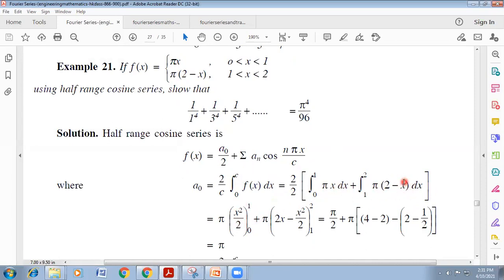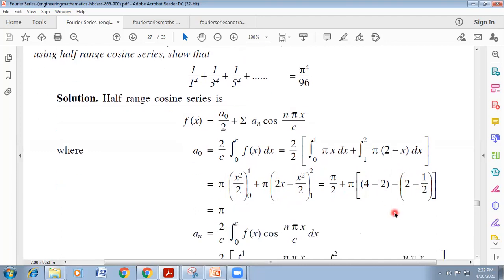Similarly, integrating here with respect to x, we get twice x minus x square by 2. Now putting upper limit 1 and lower limit 0 in each function, pi into 1 square by 2 minus 0 square, we get only pi by 2. Now in the second function, putting upper and lower limits, we get this one. So we get only pi after simplification. So a naught equals what? Pi. a naught equals pi.